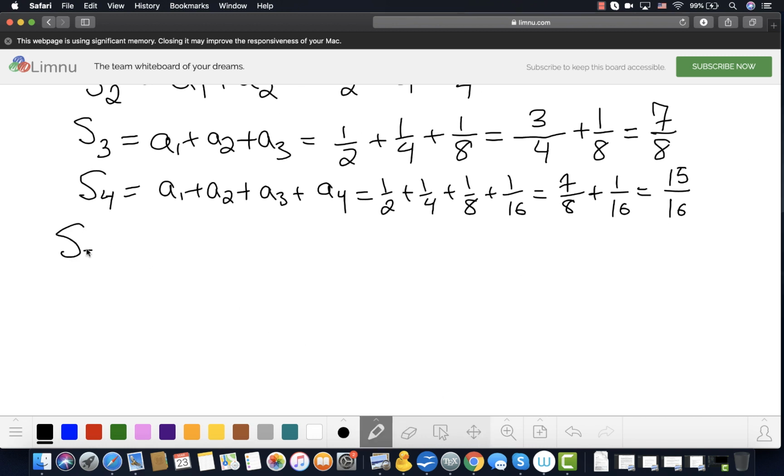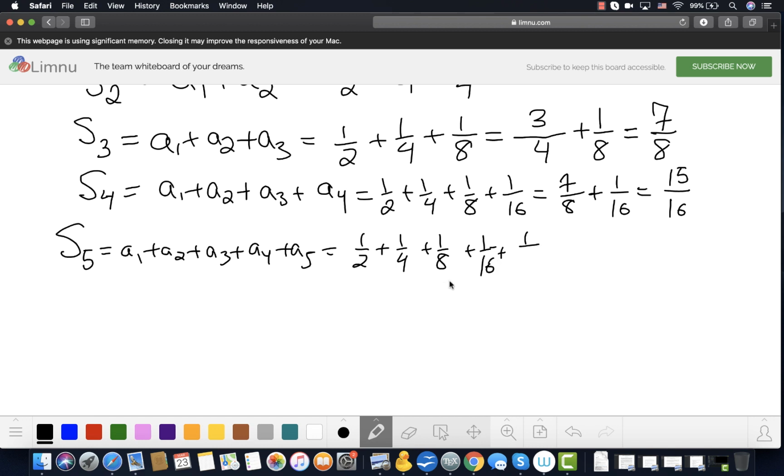So S sub 5. This is A1 plus A2 plus A3 plus A4 plus A5. So that's 1/2 plus 1/4 plus 1/8 plus 1/16 plus, we need to add one more term, A sub 5, which is 1/2 to the power of 5, which is 1/32. Okay, so we already computed the sum of the first 4 terms.